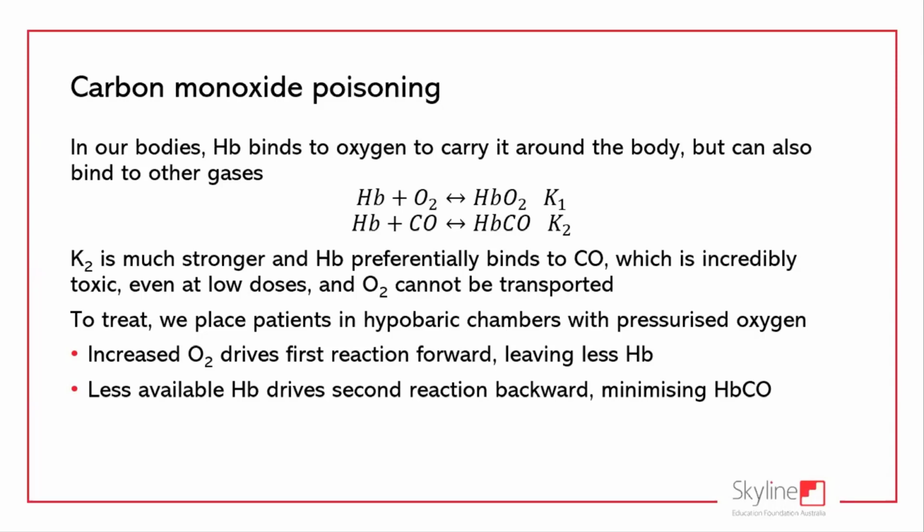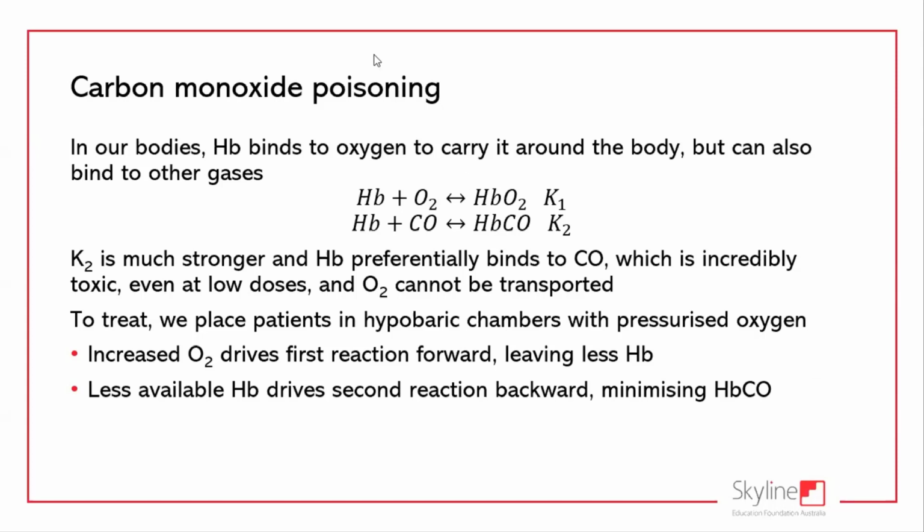That's really toxic because it means our hemoglobin is taken up and we can't get any oxygen transport around our body. Even at low doses, it's quite toxic, which is why, historically, there have been lots of cases of babies dying, for example, left in a room where a radiator hasn't worked well because the carbon monoxide levels are too high.